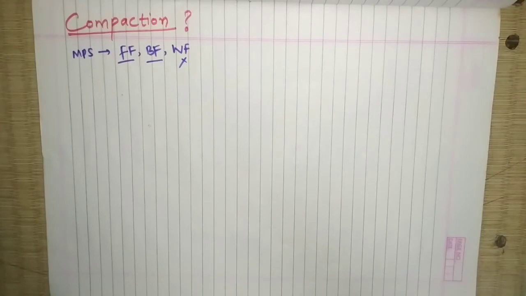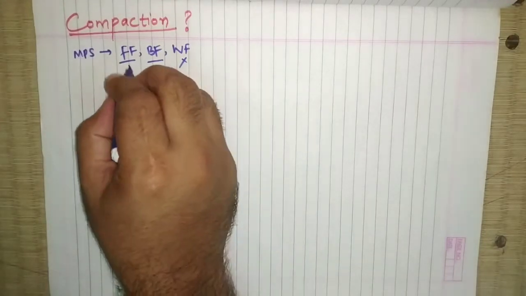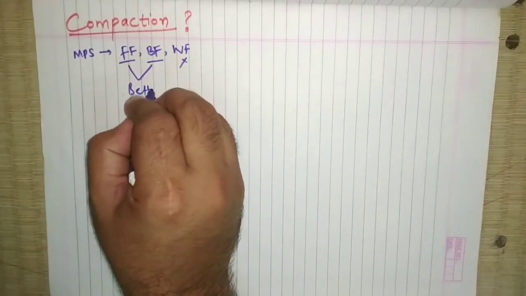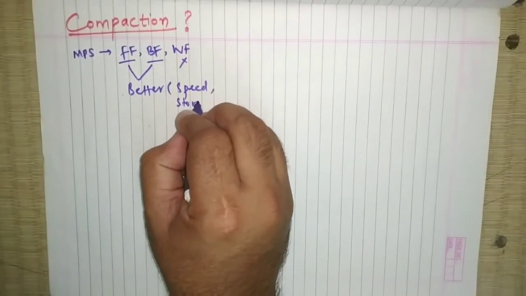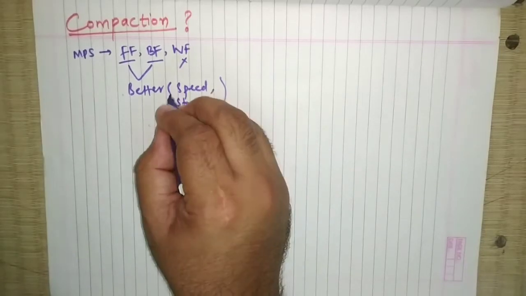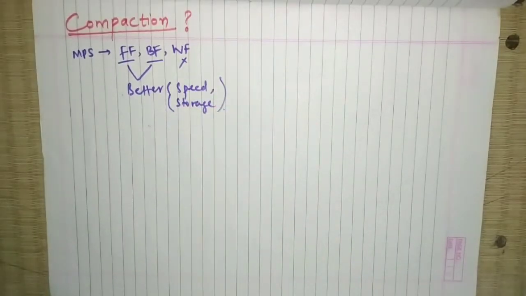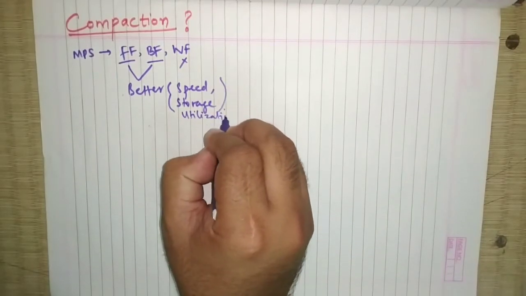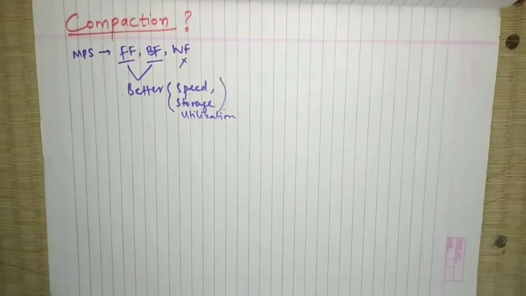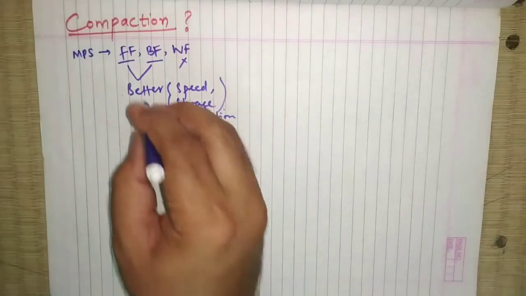These two are better in terms of speed and storage utilization. But both first fit and best fit strategies for memory allocation suffer from external fragmentation.